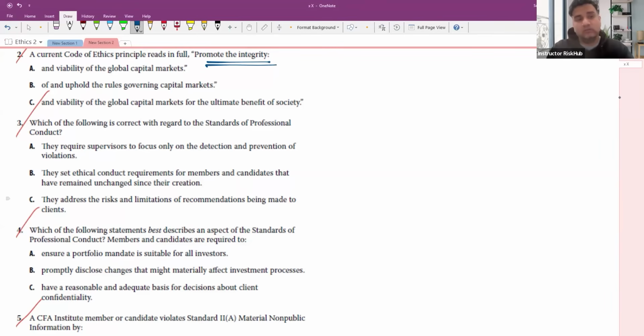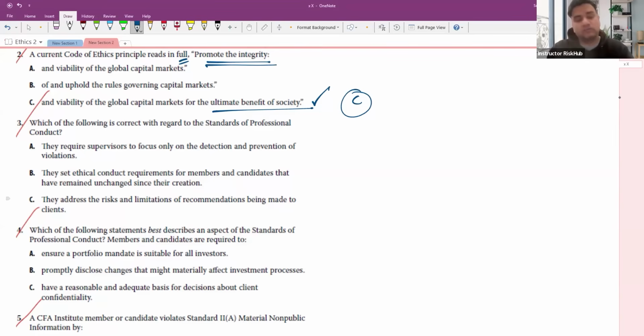Whether you're looking at read in full, promote the integrity and viability of the global capital markets. No, it is longer than that, right? So if you look at the exact wording, it is integrity and viability of the global capital markets for the ultimate benefit of society, right? So this is the one. This is the exact wording from your Code of Ethics.